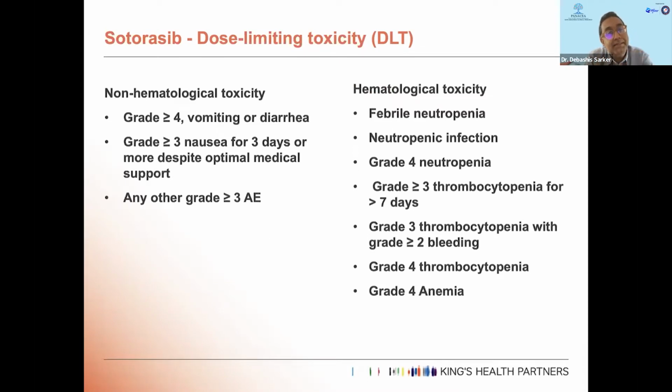I think you see that in many studies now, but I would perhaps also include grade 2 for more than 7 days despite maximal medical therapy, for nausea, vomiting, or diarrhea. On the right is hematological toxicity, which is very common and which we've used historically for cytotoxic therapies, and which we still continue to use for molecularly targeted therapy, even though the impact of hematological toxicity is usually pretty minimal.